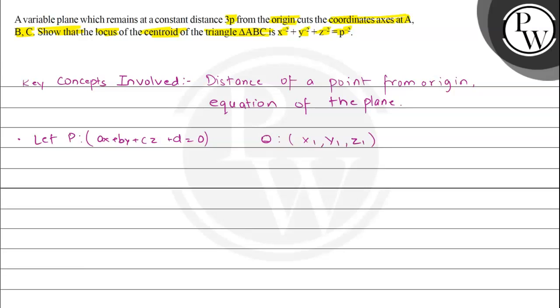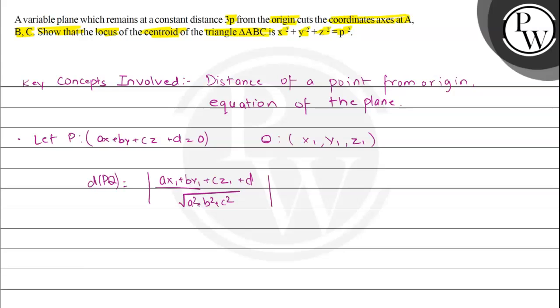The distance PQ is equal to modulus of ax1 plus by1 plus cz1 plus d upon under root of a square plus b square plus c square, and the whole thing in modulus.